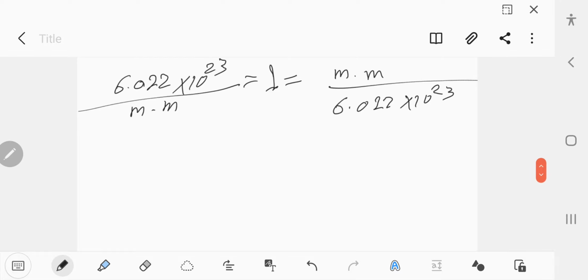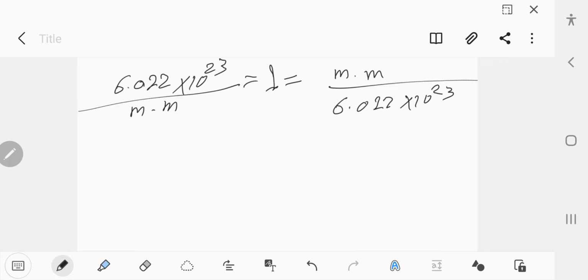Remember, guys, that the conversion factor itself depends on the question. The question is the main factor that affects which conversion factor we should use. Number of atoms or molecules means that in the conversion factor we have to use Avogadro's number.